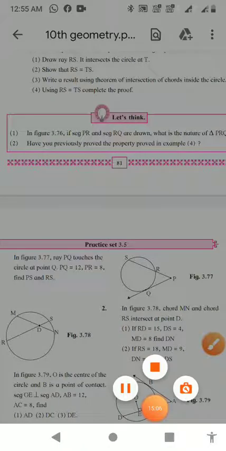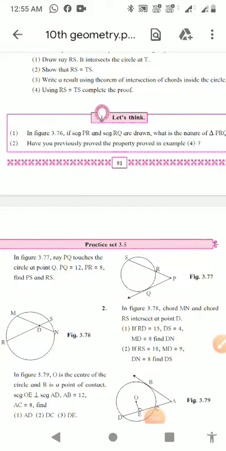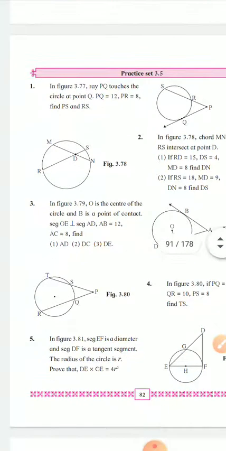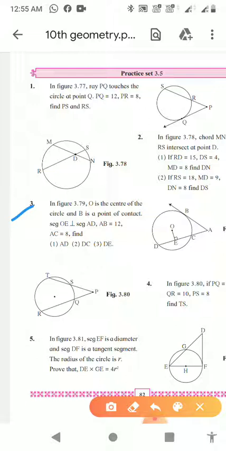Now we will solve the next problem from this practice set, question number 3. Only 3 questions remain from this chapter, circle. In this question a diagram is given. O is the center of the circle and B is the point of contact.